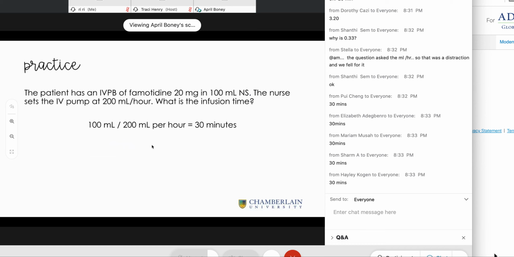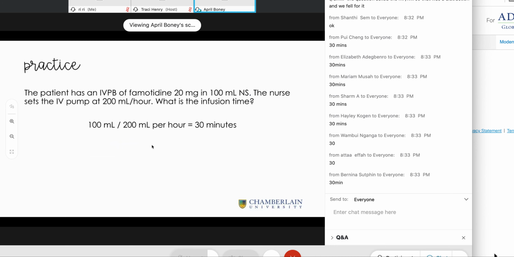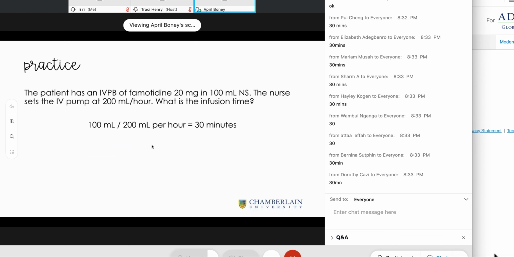And the infusion time is 30 minutes. 100 milliliters divided by 200 milliliters is 30 minutes. So when you set your pump at 200, it's only going to take 30 minutes for that 100 milliliters to run in. This is very common when we're giving things like antibiotics, IV piggybacks that are just like famotidine that are going to run a very short period of time.